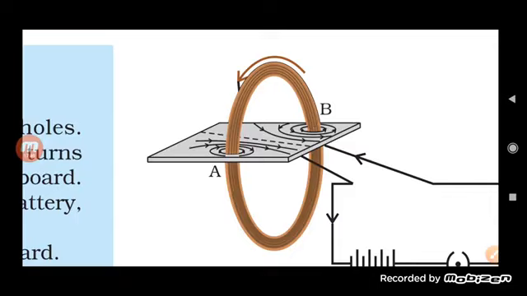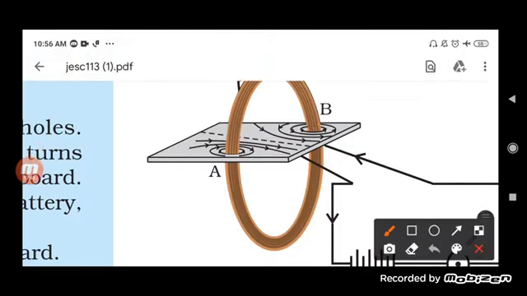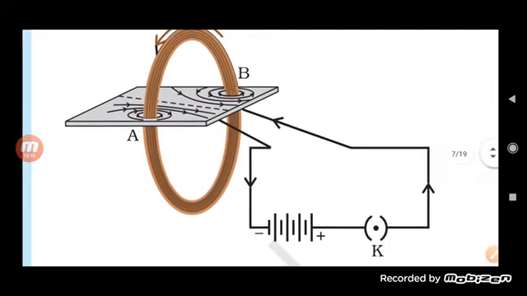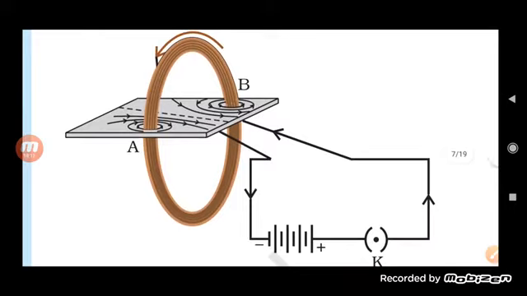Now this circular coil is fixed in a cardboard. This is a cardboard, and there are two holes in which the coil is fixed, right? And you can see that there is a wire attached with the circular loop, and it is connected to the battery.